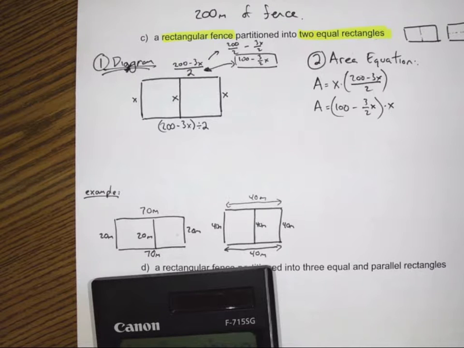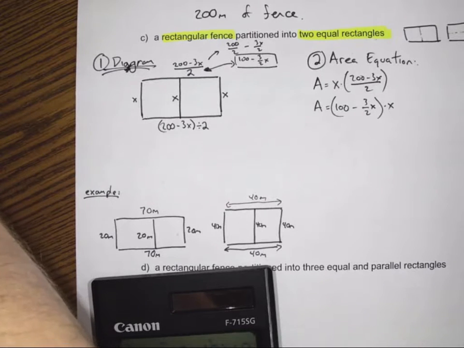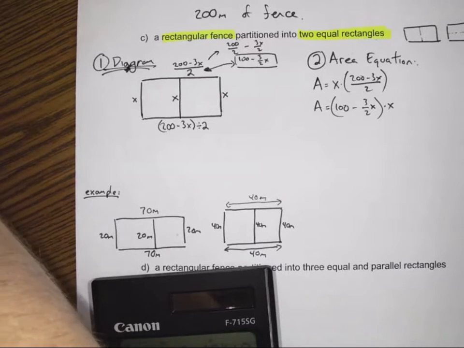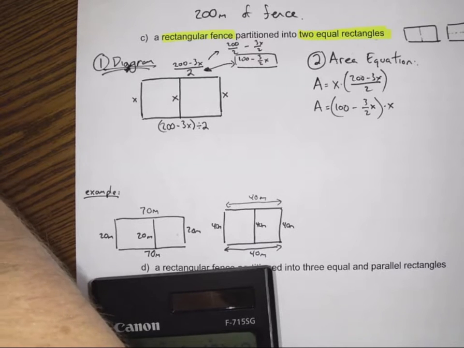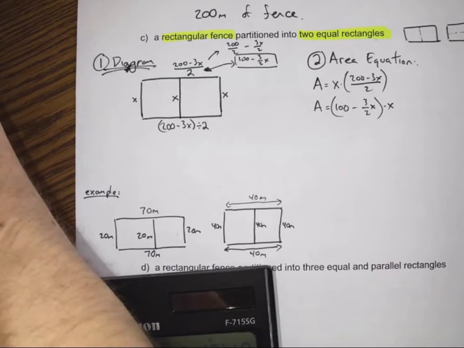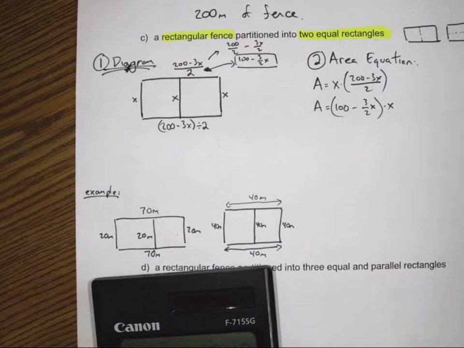Okay, I'm going to need to take a second to do that myself. Sorry. Alright, so area equals x times 100, take away 3 over 2 x, and I'll have to zoom out, just like we have been on the other ones.